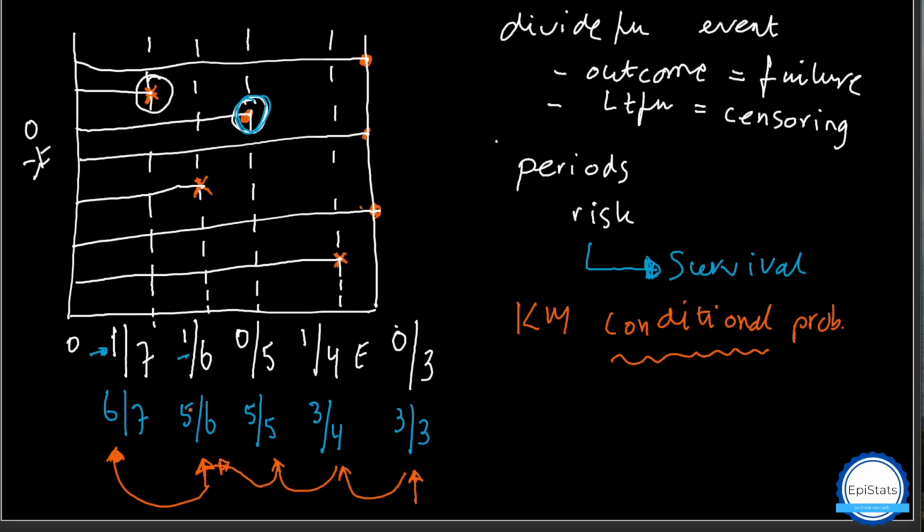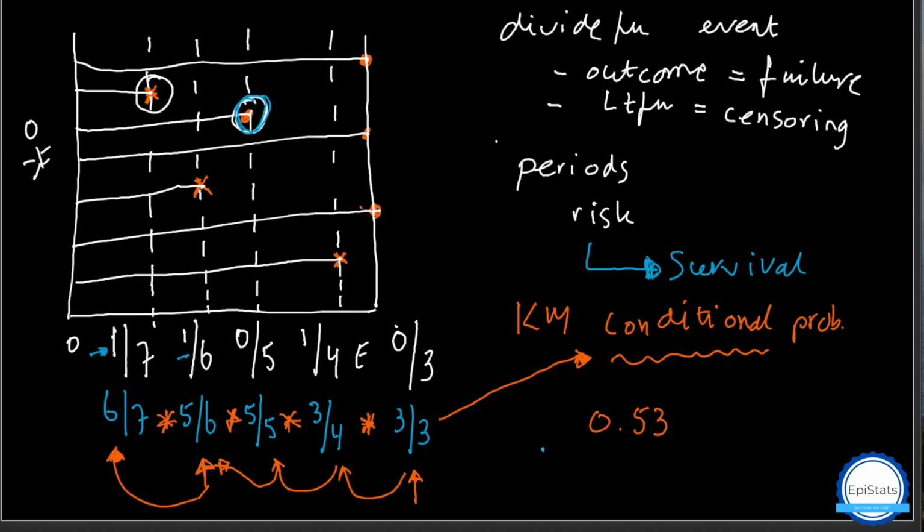And from the law of probabilities, this means that we need to multiply all these individual probabilities to arrive at the conditional probability at the end. And when we do that, we get a conditional probability of 0.53 at the end of follow-up.